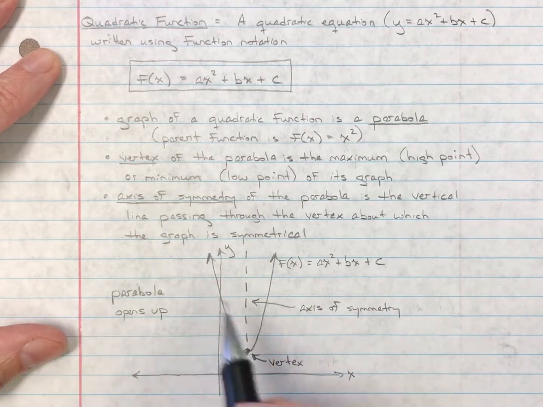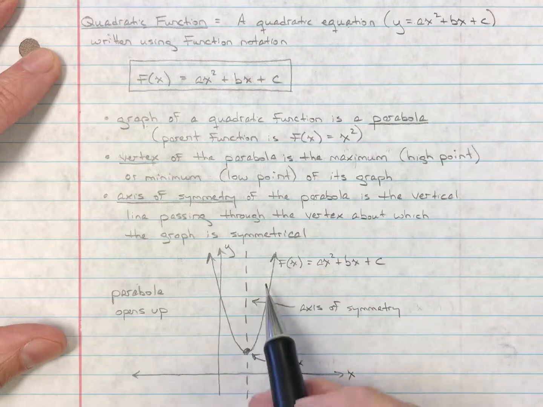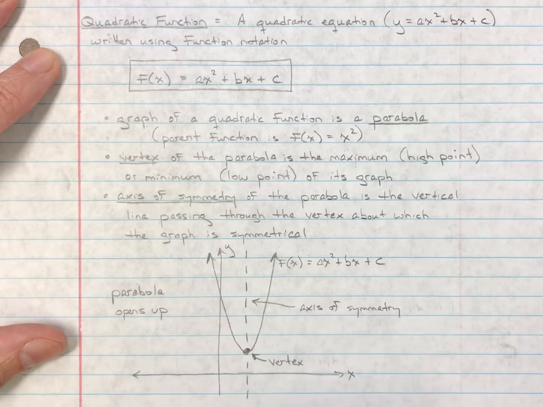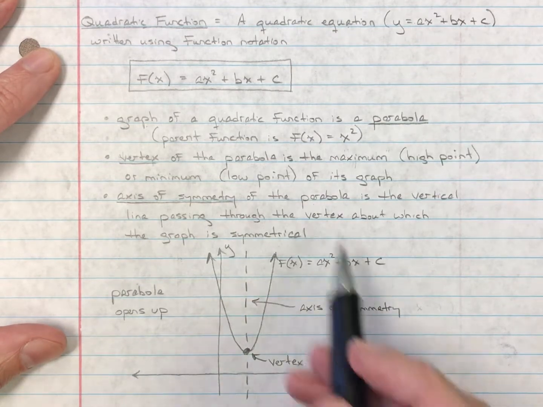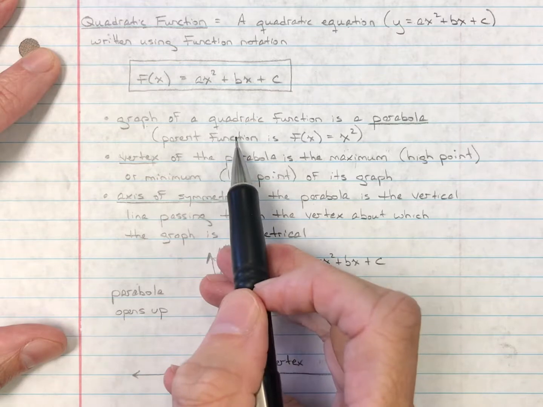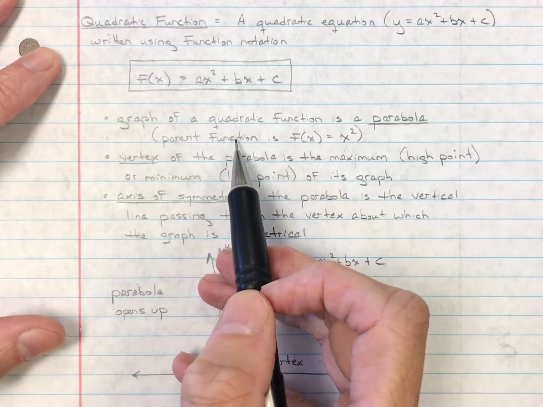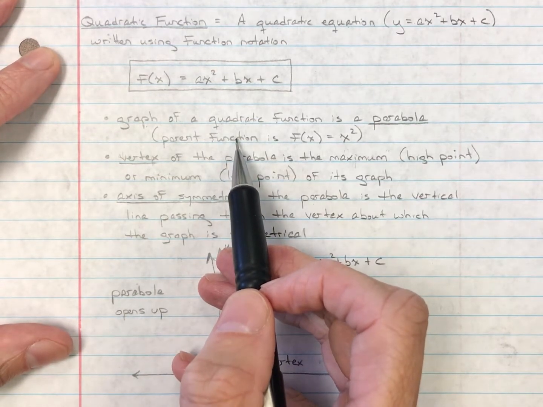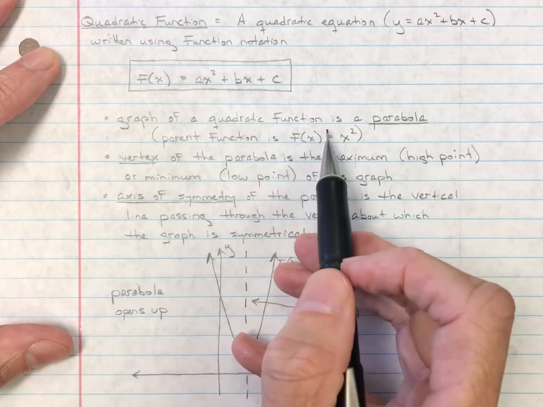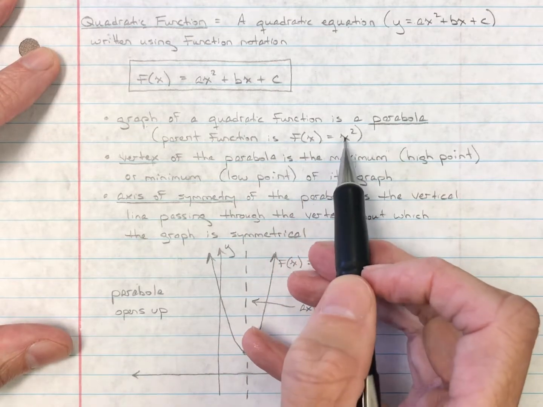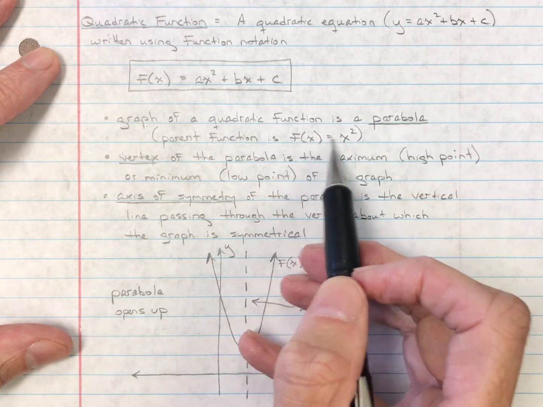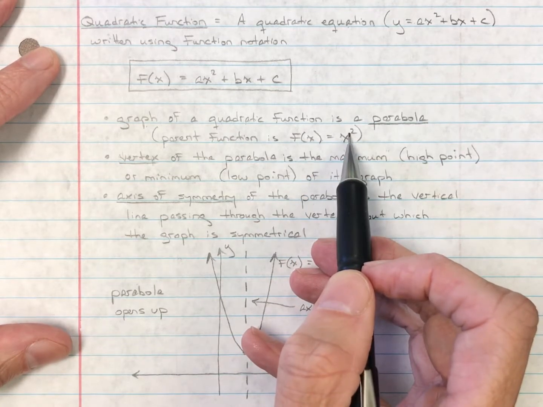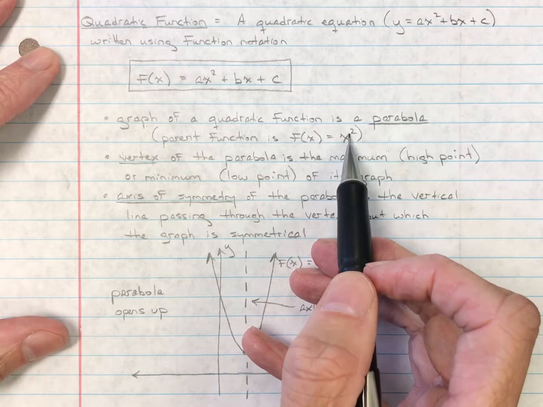It could be wider, it could be narrower, but it opens up or opens down. And it has a minimum point if it opens up, or a maximum point if it opens down. Its parent function, from our library of parent functions, is f of x equals x squared. So the base parabola is f of x equals x squared, the parent parabola, if you will.